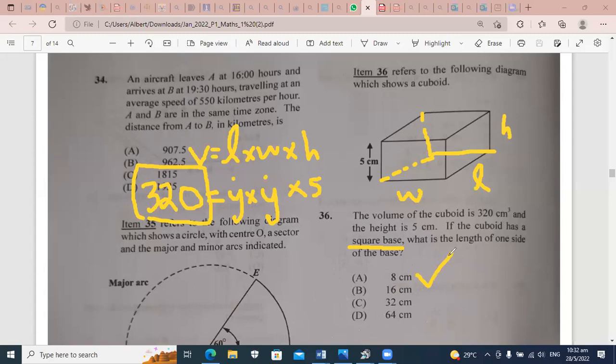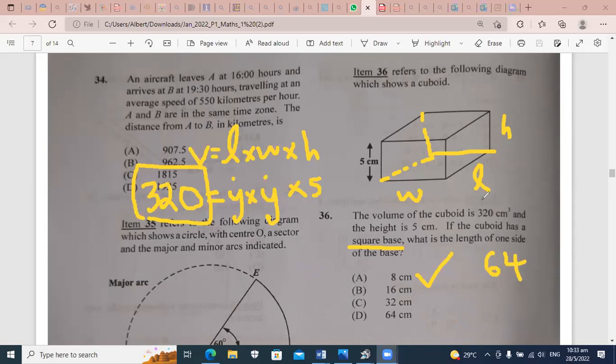That's the answer, because 8 times 8 is 64. And what's 5 times 64? I'm saying on a calculator. Sorry, 64 could have worked too. No, look here.